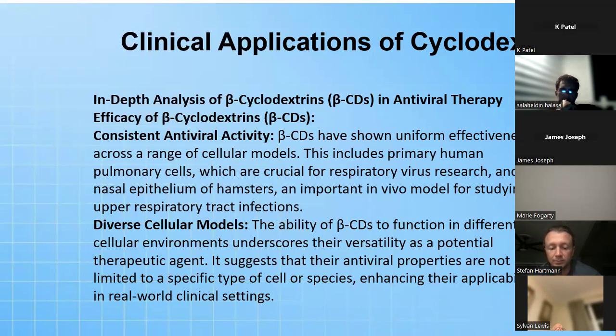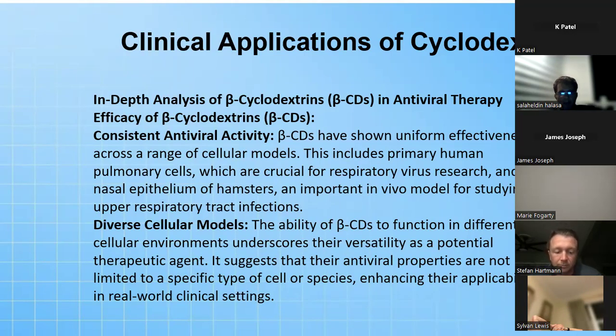And on the depth of analysis, the beta-cyclodextrin in antiviral therapy, the efficacy of cyclodextrins. So cyclodextrin also has a direct antiviral effect by inhibiting the fusion of the virus with the host. Beta-cyclodextrin has shown uniform effectiveness across a range of cellular models, and this includes primary human pulmonary cells, which are crucial for respiratory virus research, and nasal epithelium of hamsters, an important in vivo model for studying upper respiratory tract infection.